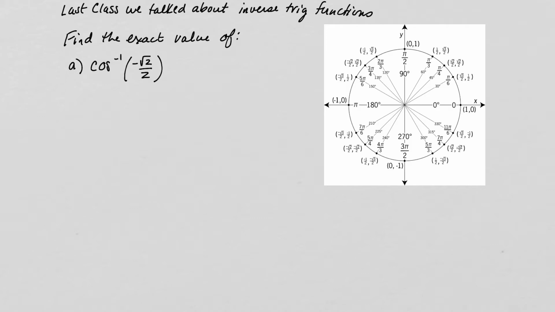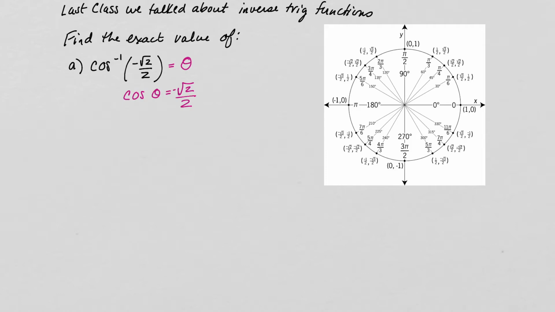When we're dealing with the inverse cosine, we're dealing with an angle. So the answer is always going to be an angle. So really what we're looking for is when is the cosine of theta equal to minus root 2 over 2. Remember the way that we did this was we looked in the unit circle.